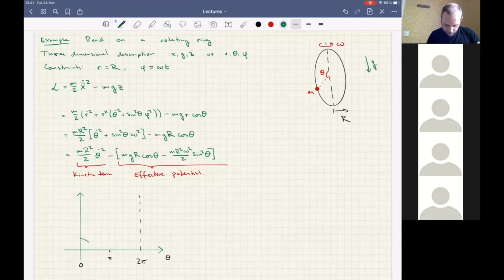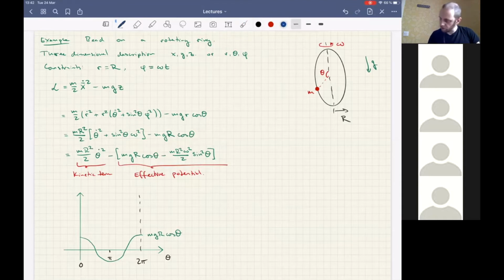So this is going to look something like this, right? So this is mgr cosine theta, and then we're going to have a contribution from the rotation.